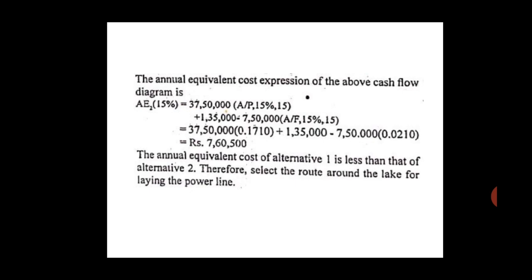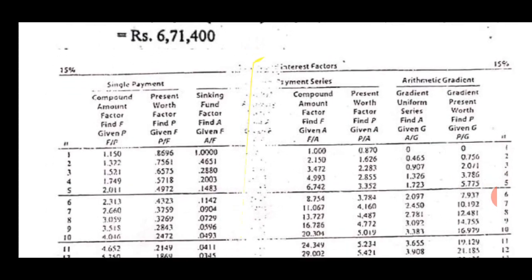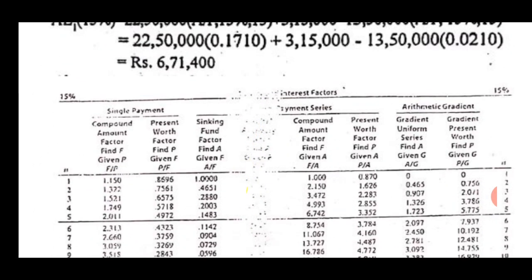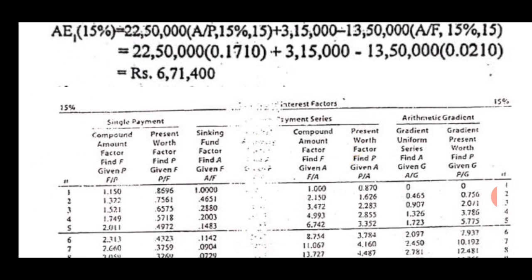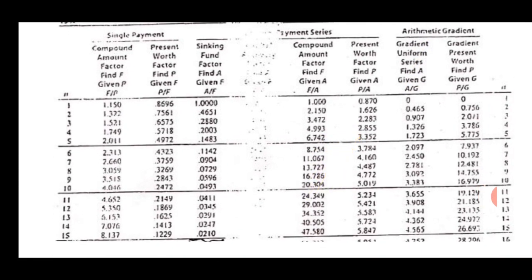So this is the way you calculate the annual equivalent cost expression. And again I'd like to say the factors given, A/F for 15 years and 15%, as well as A/P at 15%, you can see in the chart here. You take the 15% chart, and for 15 years you will get the values here, 0.0210, and 0.07 also you will get here, but I think that is not coming in this.